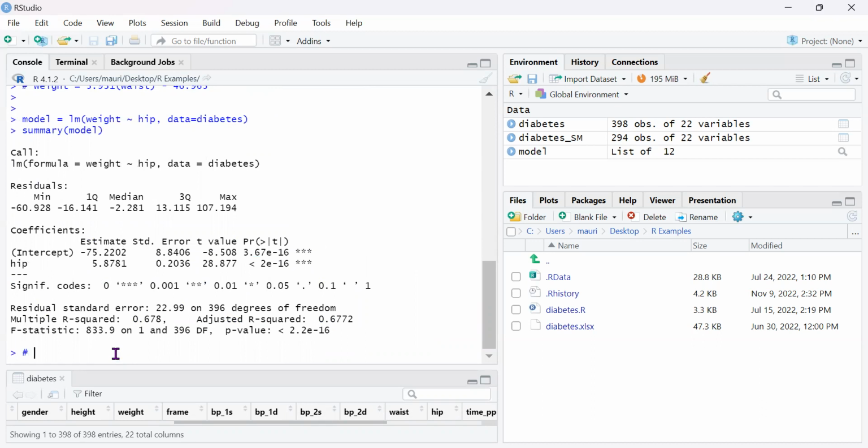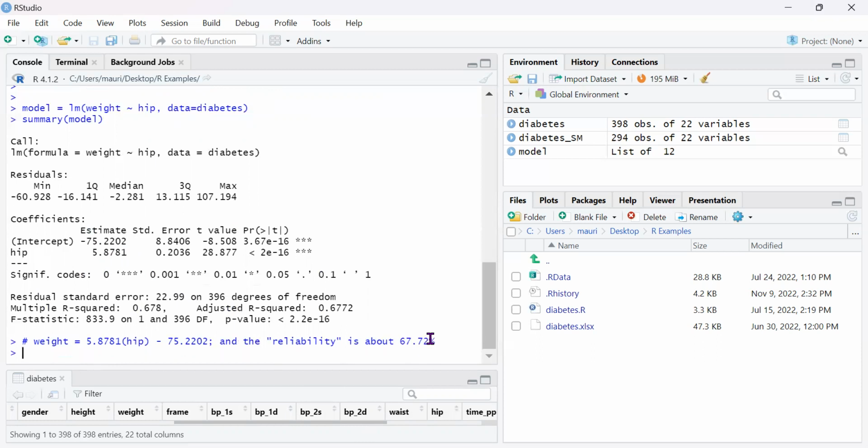Here the equation will be, oh, why am I talking about waist? Weight is some coefficient of the hip measurement minus the intercept. And I'll use inverted commas for reliability, because it's actually not perfectly reliable, it is about 67.72%.